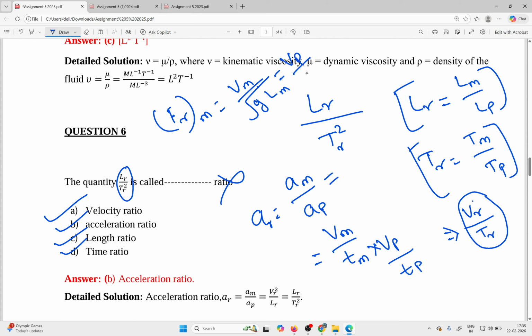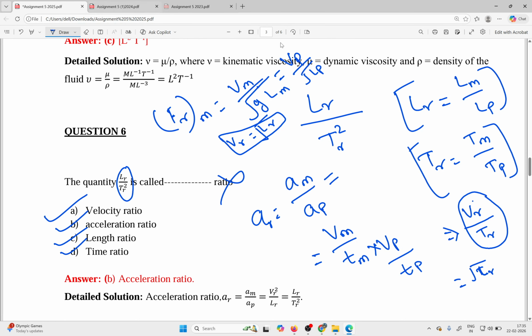So Vp divided by Lp. So Vr is equal to root Lr. So from here we can write very clearly root Lr, and how will we calculate for the time?